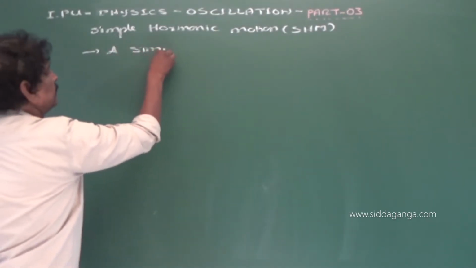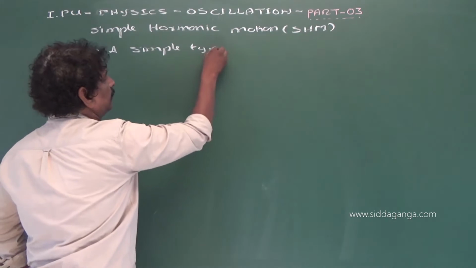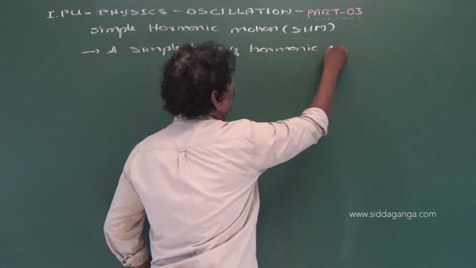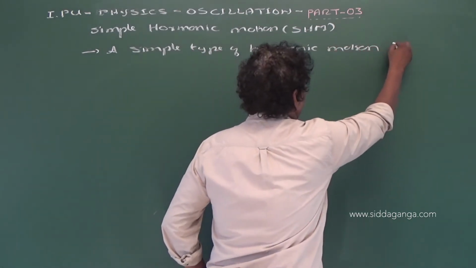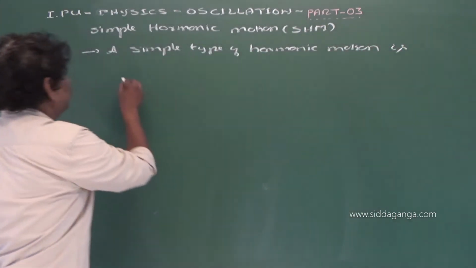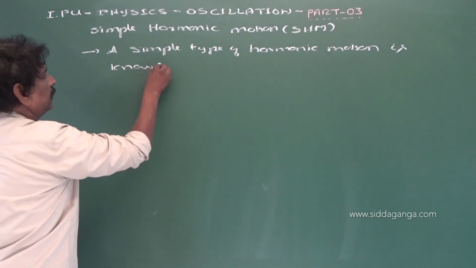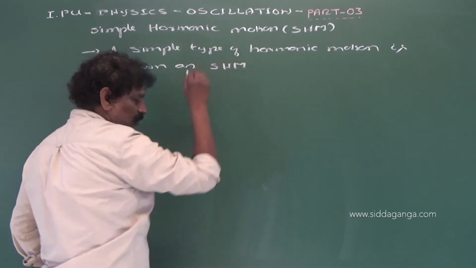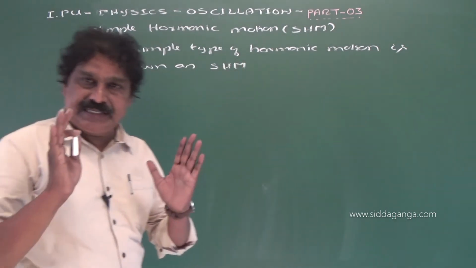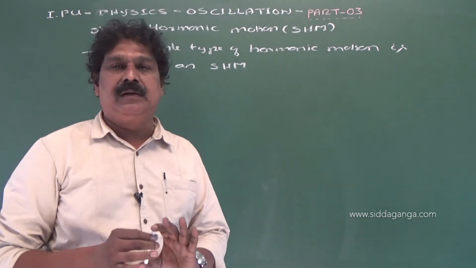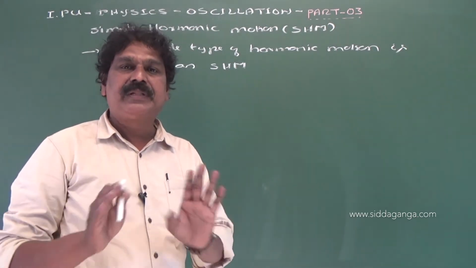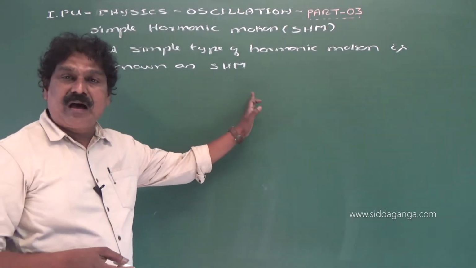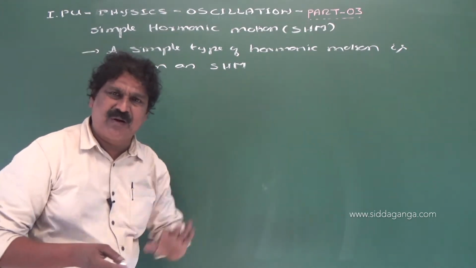A simple type of harmonic motion is known as a simple harmonic motion. A very simple type of harmonic motion without any much complications is called simple harmonic motion. Of course, it is known as simple harmonic motion.